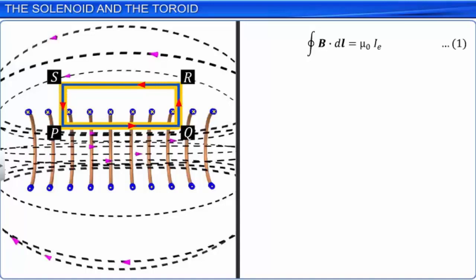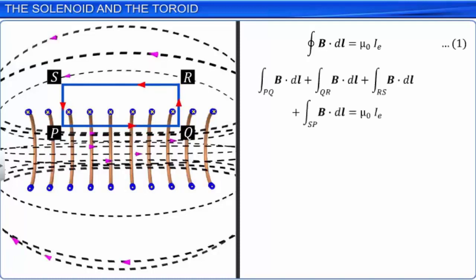That is, the integral over the closed loop of B dot dl is equal to the integral over PQ of B dot dl plus the integral over QR of B dot dl plus the integral over RS of B dot dl plus the integral over SP of B dot dl, which is equal to mu naught IE. Let this be equation 2.